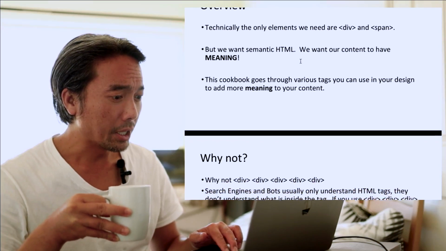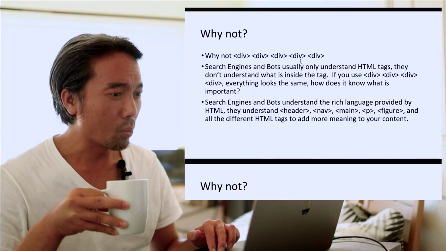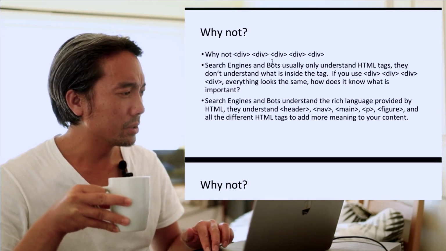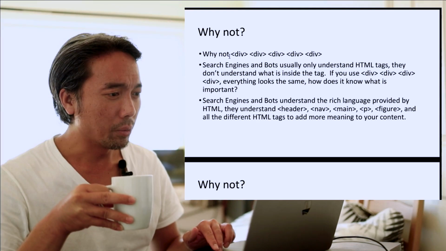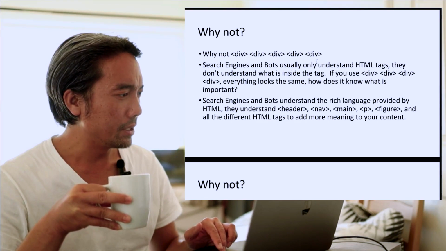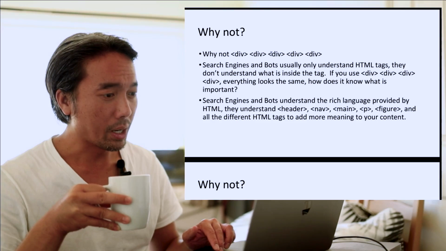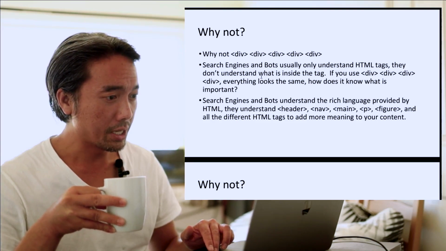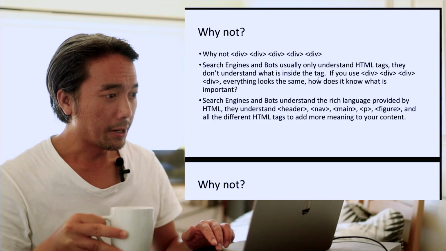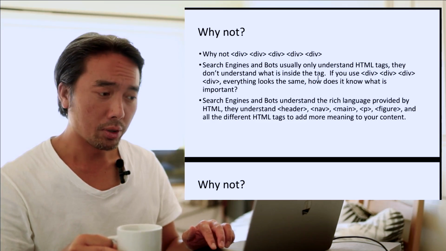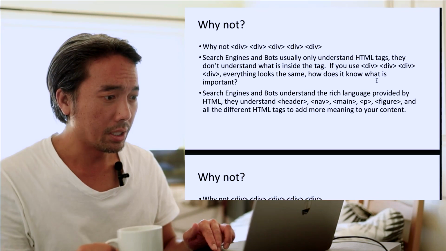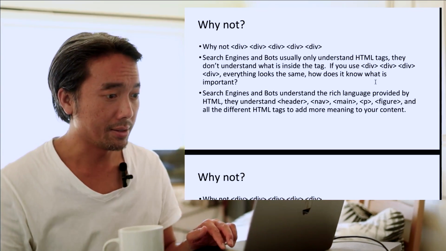Okay, so then why? Again, just a quick review of semantic HTML here. Why don't we want to do everything with div? Search engines, bots, it would be hard for them to understand a page if it's just all divs. They don't understand what your content means.